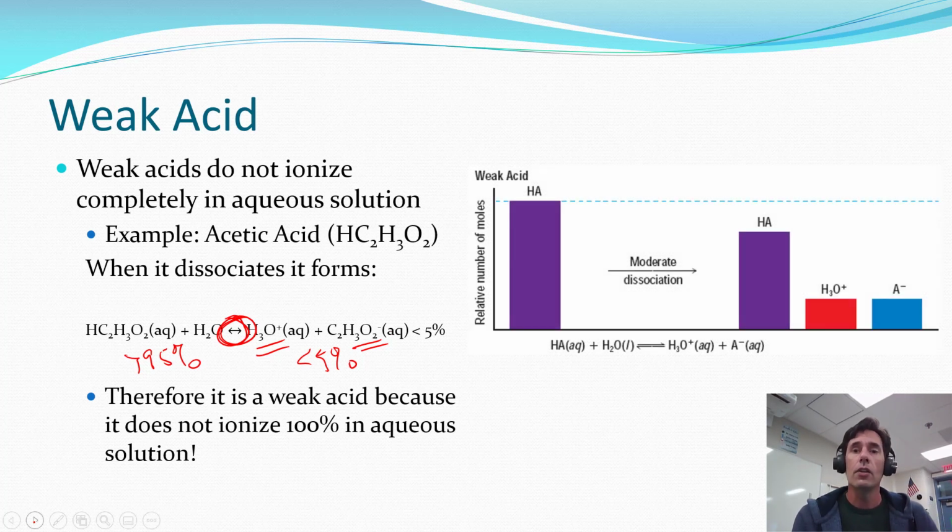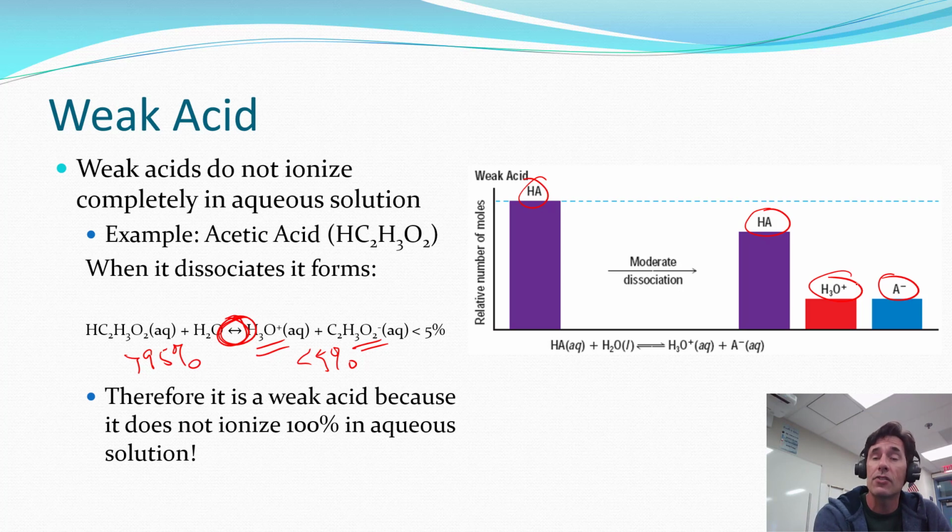Notice here, this is the original acid reacting with the water, but notice how much of the original acid we have remaining, a ridiculous amount, and a very small quantity of the actual acid that is produced. What does this mean? It just means that it's not as strong. Can it still do damage? Absolutely. Strong acids will do more damage at a faster rate than weak acids, but weak acids over time will do just as much damage as a strong acid.